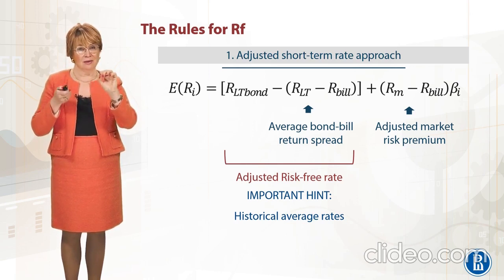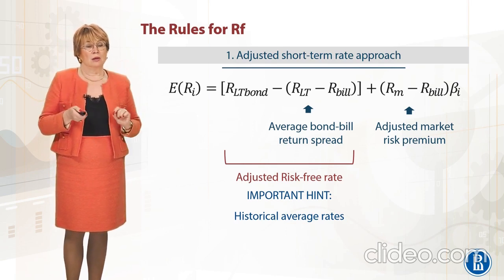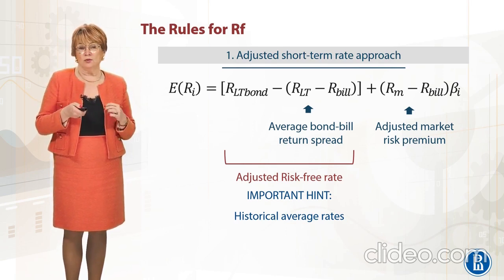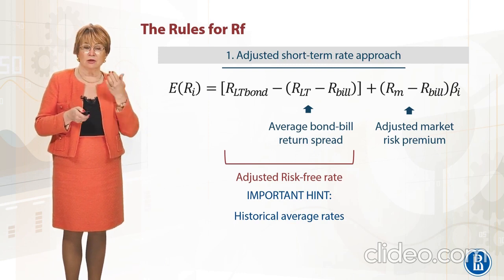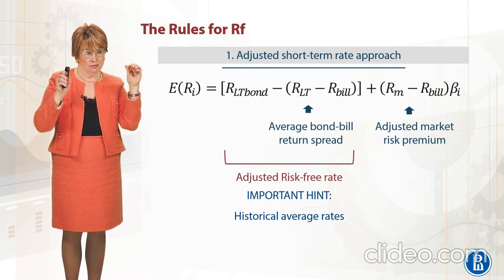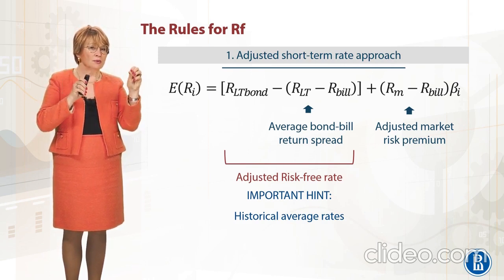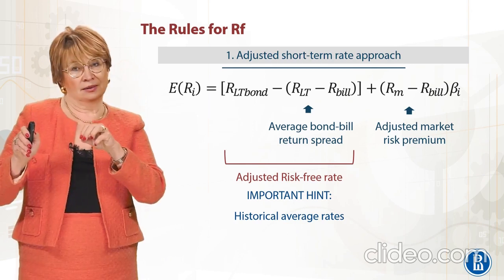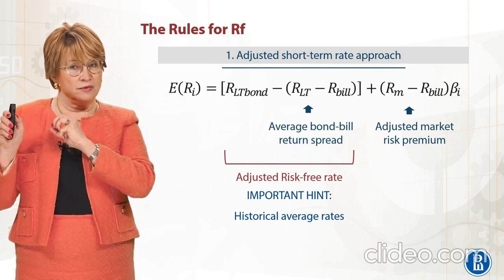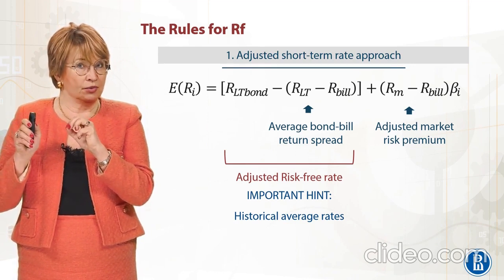But again, this second term, the market risk premium, should be based on historical observations at least. So, to conclude, we need to adjust both terms on the right-hand side of the equation. And maybe it's not worth doing this.